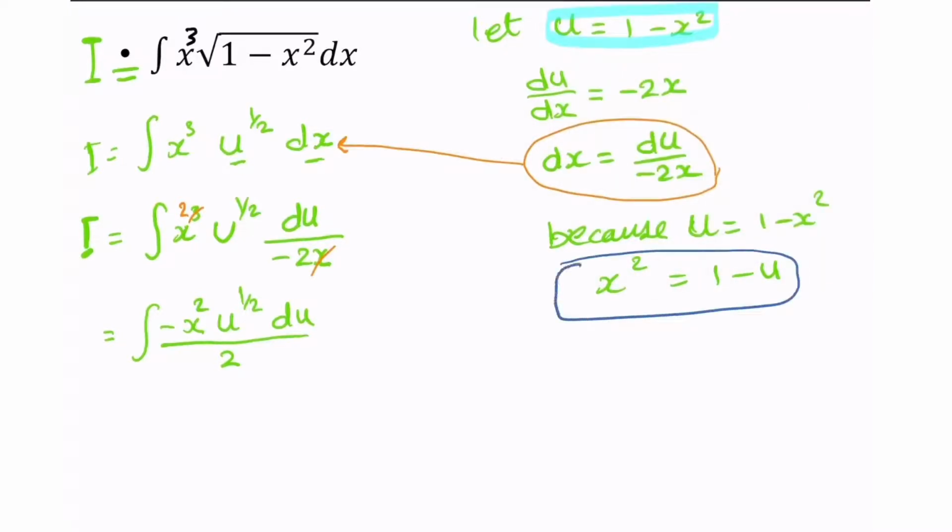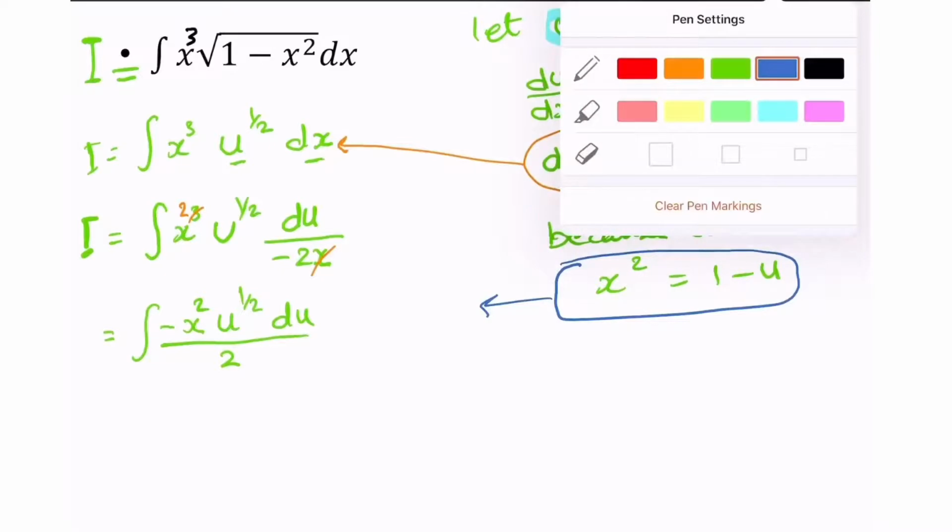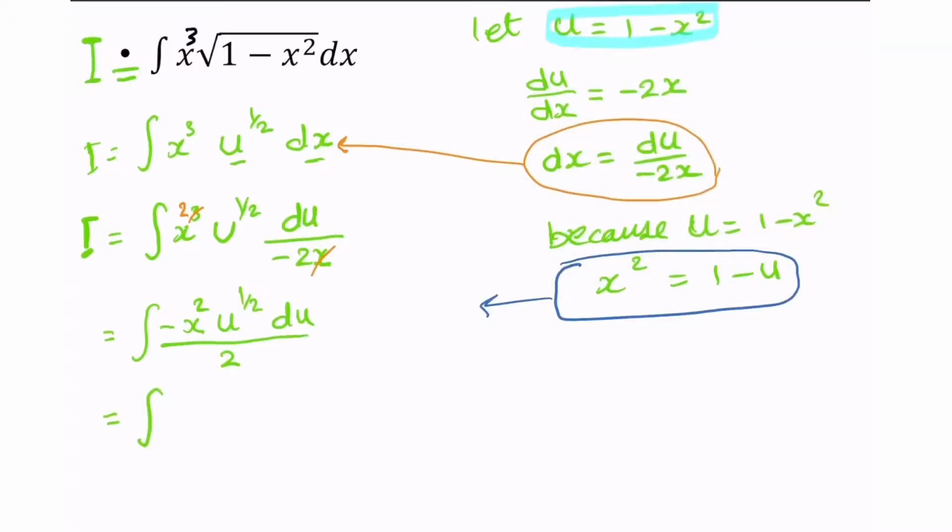So now I will use this here instead of the x squared. So this becomes the integration of minus, instead of x squared, I will put 1 minus u, multiplied by u to the power half and du divided by 2. I will just enter the sign in here.